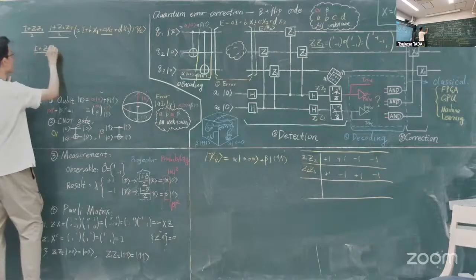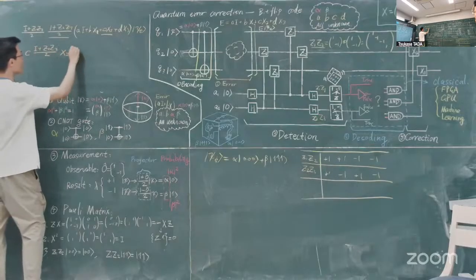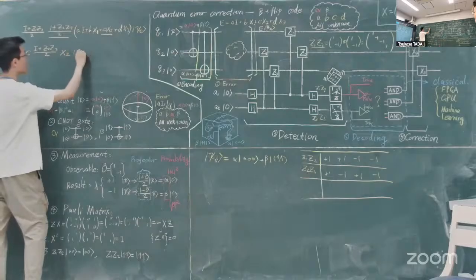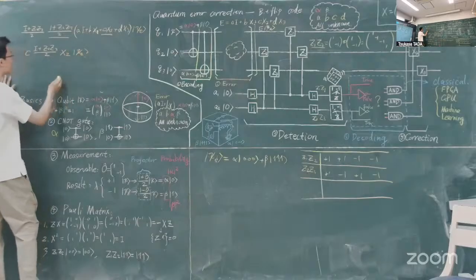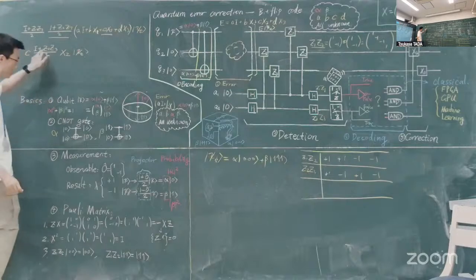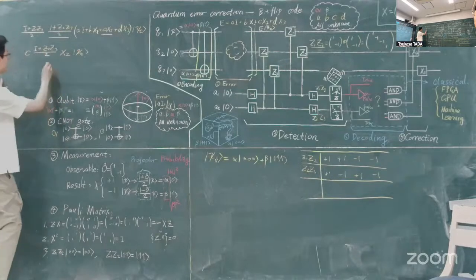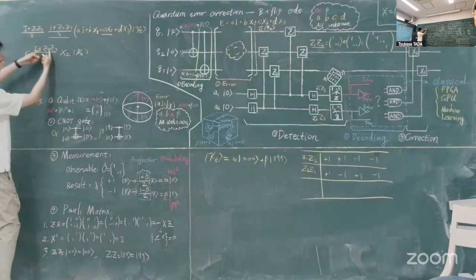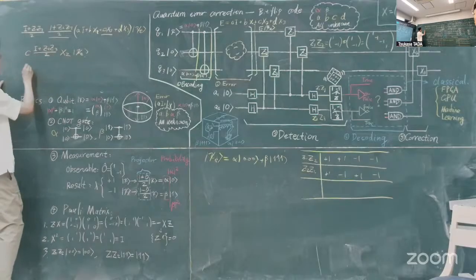And C is a C number. And notice that here we use the anti-commutation relation between this Z2 and X2.